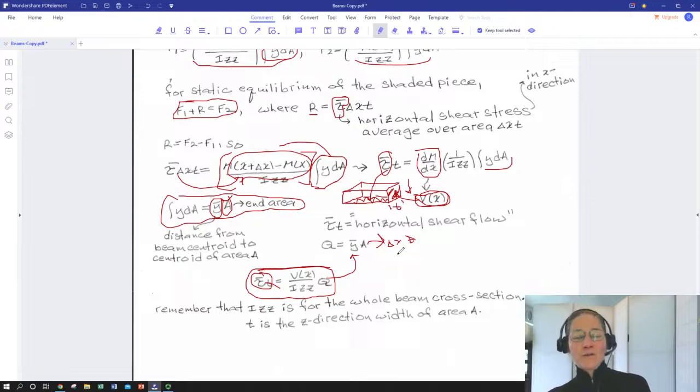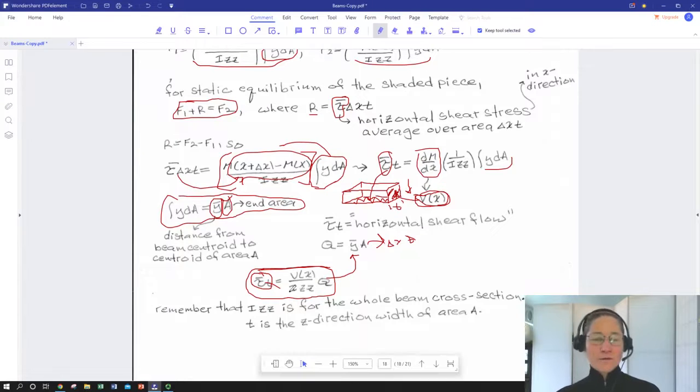And as a rule of thumb, if you want to go for the location on the beam cross-section where you're going to find the maximum shear, head towards the neutral axis and go for the places where the actual thickness, the dimension of your cut area, is going to be minimum. That's a general rule. Non-intuitive, because at this point it looks like it doesn't matter because it's canceled out. Depending on the geometry, that won't always be the case.